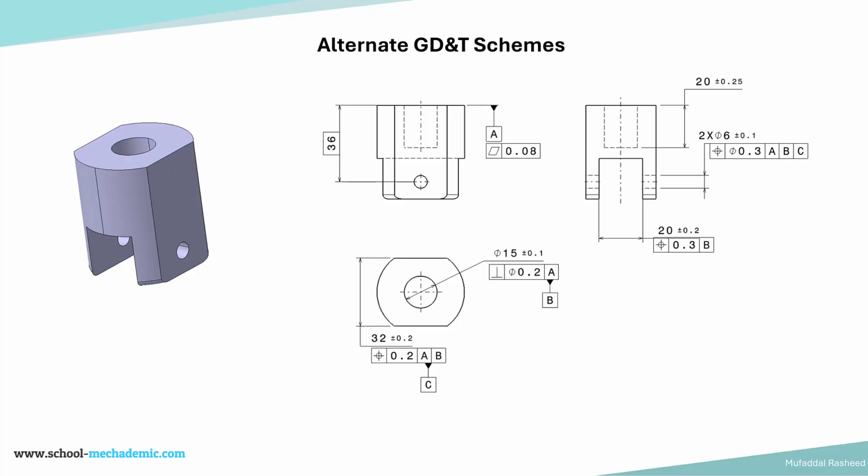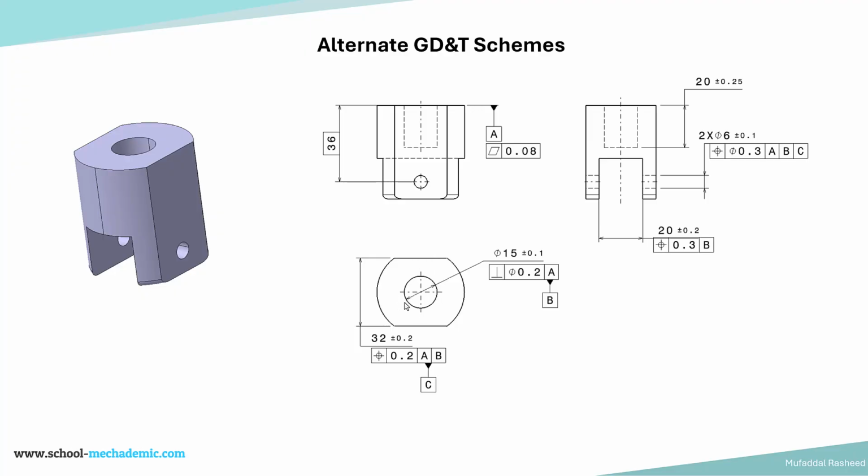And we have another feature of size, this width, 32 plus or minus 0.2, which is the tolerance on the width of this part. That width is being controlled with respect to its position. When we apply position on a width feature of size, it means the center median plane of the width. If you take a line over here, a line over here, and a line over here, that line is the center plane of these two surfaces.